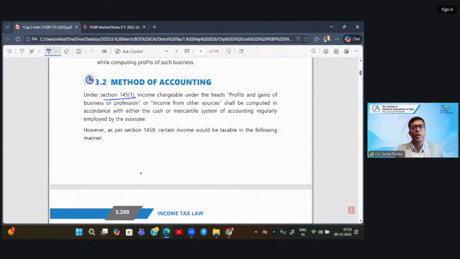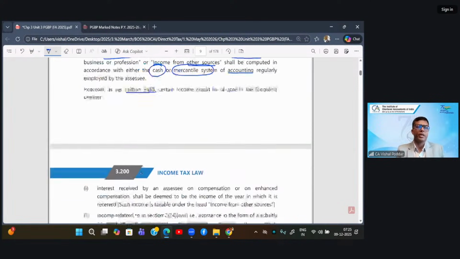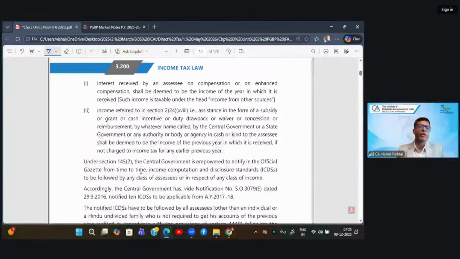Method of accounting, if you remember, we had discussed this. It says that in relation to PGBP and other sources, law gives you the option that you may select any one of them, and whichever method you are employing in your accounting, we will employ it in your PGBP and other sources computation. However, some exception is created by 145B, where certain items will be taxed only on receipt basis.